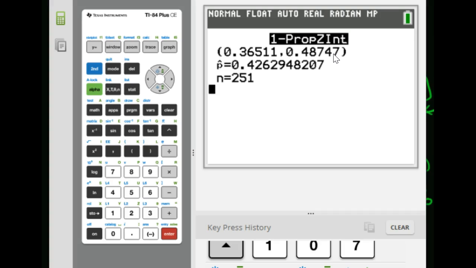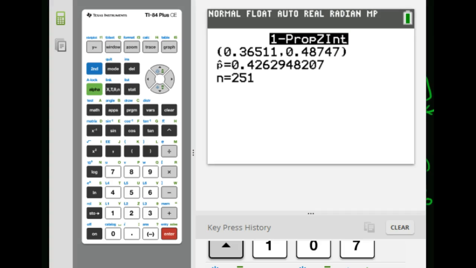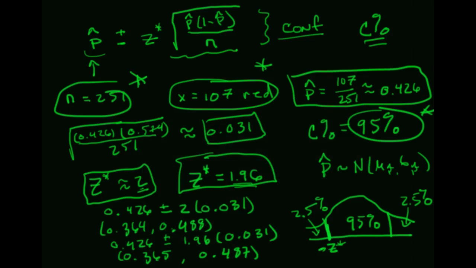Now, does this always work? Okay, so here's where we could have a bit of a challenge. We need to have 3 conditions that are met. Okay. 1.